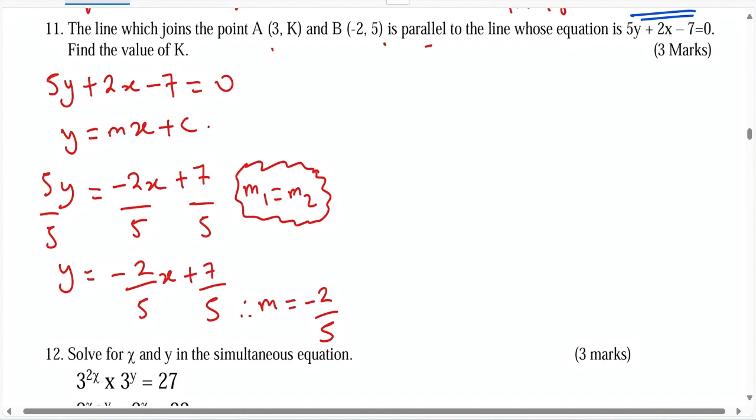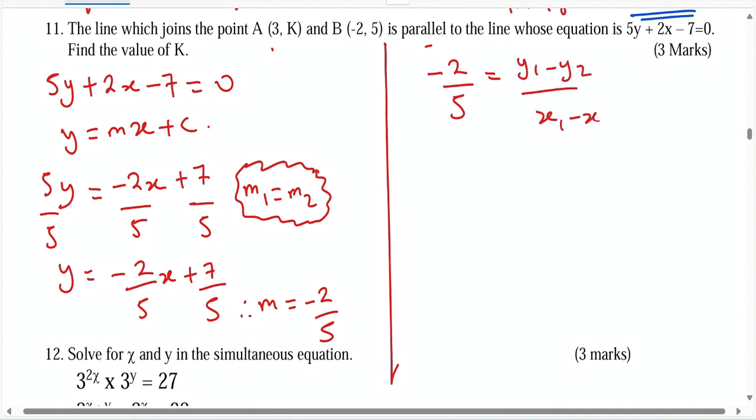Acha tuchore. So bado lakini hatujapata answer. Umeambia the line which joins the point A, yani short of tupate your k. So since the other line gradient yake pia ni negative 2 over 5. And how do you find your gradient? Is usually change in y over change in x. So if you assume, let's say y1 minus y2, this is our x1, y1, x2, y2.